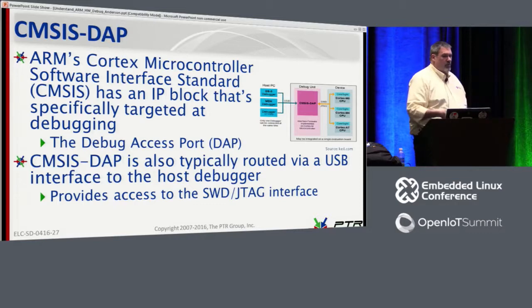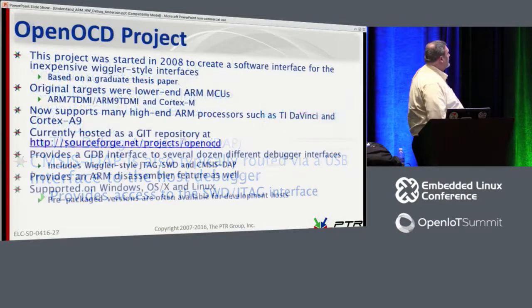So it is kind of a cool interface if you do happen to have something that supports it. OpenOCD supports CMSIS-DAP now, so there are several pieces of software available that can use it. It is kind of an alternative mechanism to using the embedded trace macro cells. Certainly it takes a lot less silicon in the SoC to implement this than it does to implement the full embedded trace macro cells.